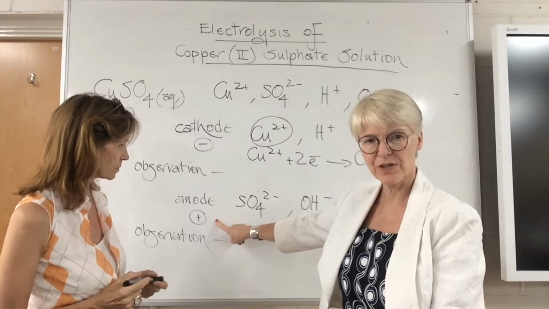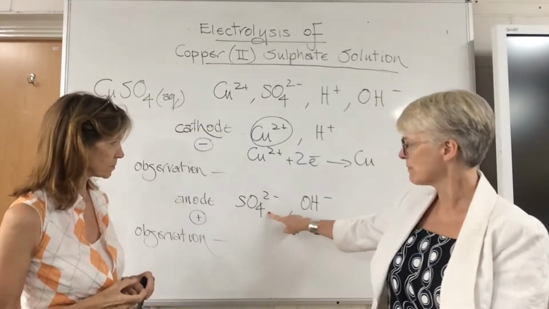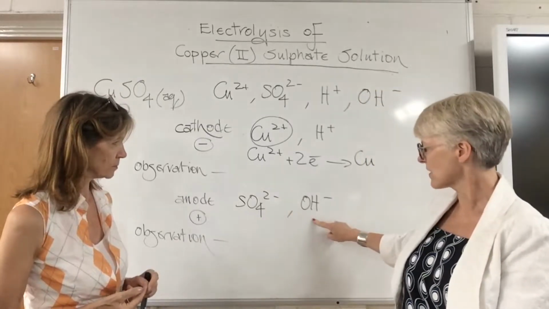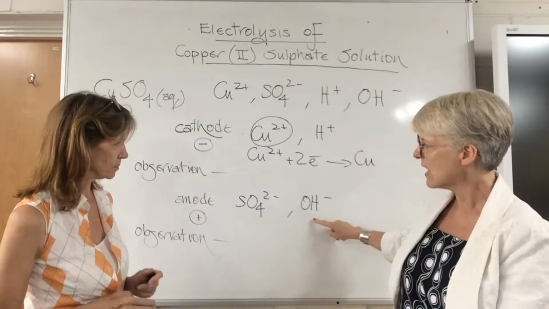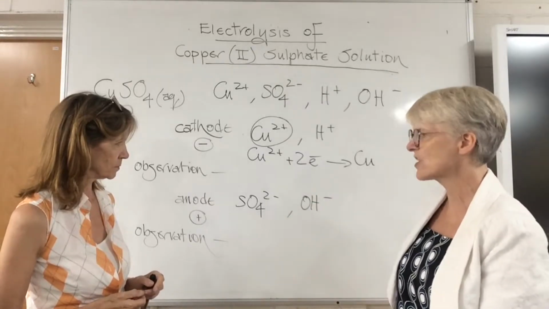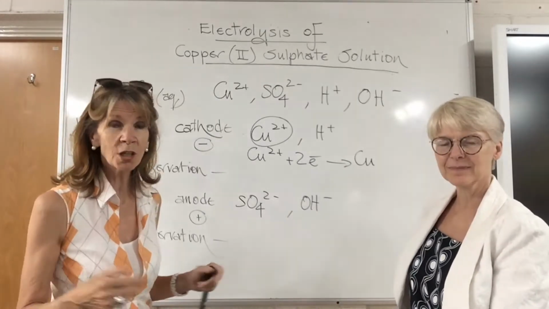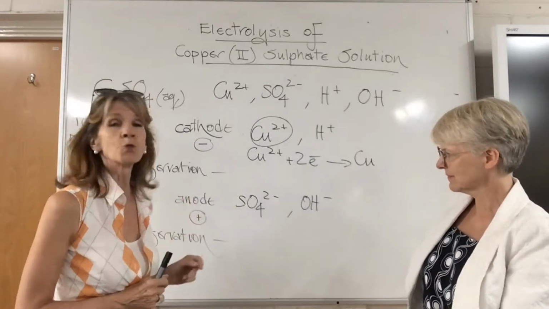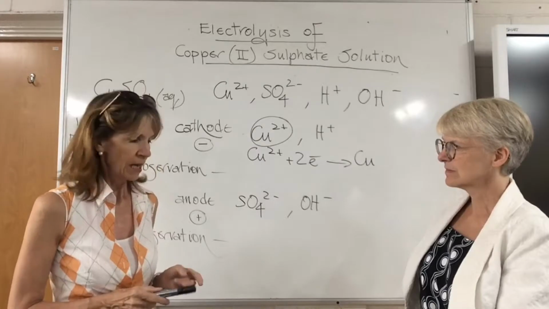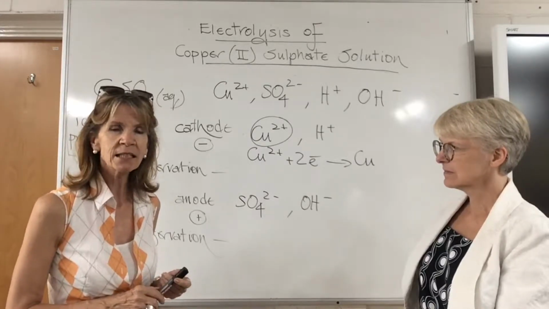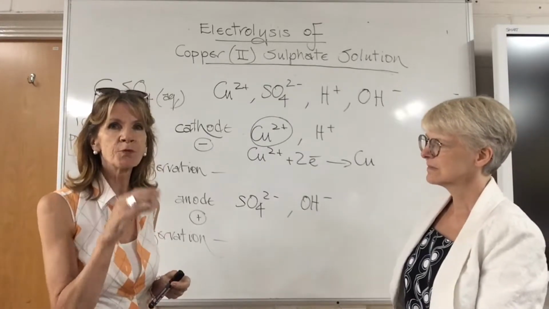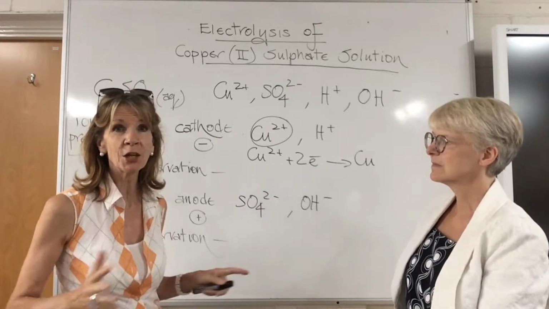The anode is the positive electrode. We know that both the sulphate and the hydroxide ions will be attracted, but which one will be discharged at the anode? Again, these are the rules of preferential discharge. And for the anode, the rules are, a halide will lose its electrons before hydroxide, before any other ion.